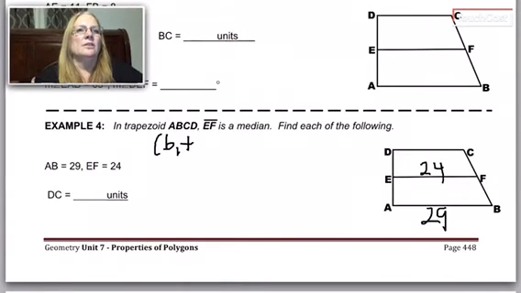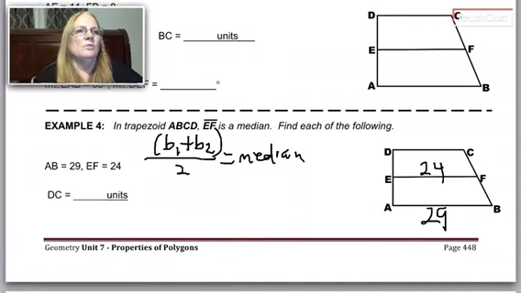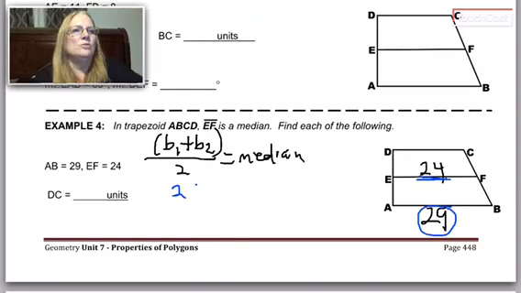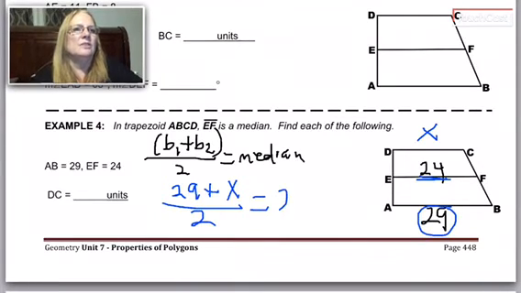Base 1 plus base 2 divided by 2 gives us the median. Well, this time we are given one of the bases and we're given the median. So this would just be 29 plus this base up here, I'm just going to call it x, divided by 2 equals 24.